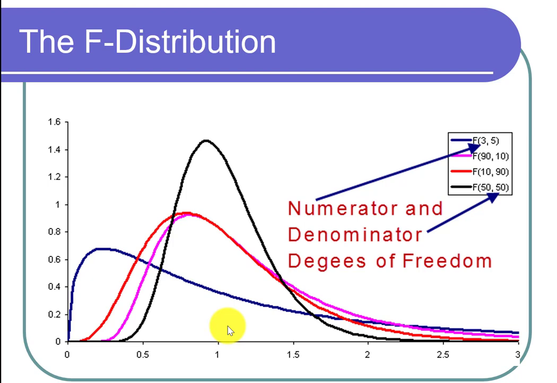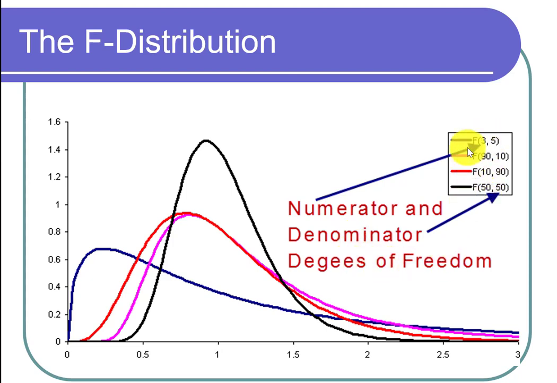Same thing with the F distribution, but it turns out there's actually two different types of degrees of freedom, two different numbers, and depending on what combination of those two numbers you get a different curve. And those numbers are called the numerator and the denominator degrees of freedom.